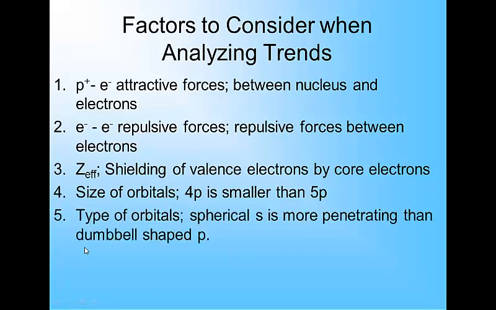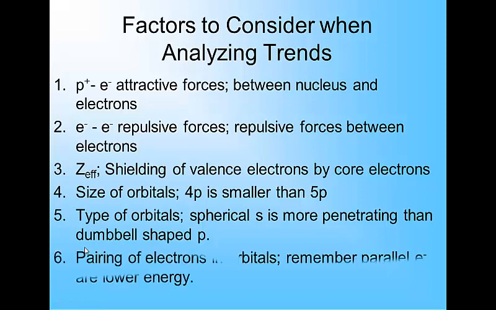Is it spherical, which is more penetrating towards the nucleus than the dumbbell-shaped p or the clover-leafed d's? And pairing of electrons in orbitals for especially the very first time. Parallel spins, Hund's rule: parallel spins in degenerate orbitals is lower energy than opposite spins in a single orbital.